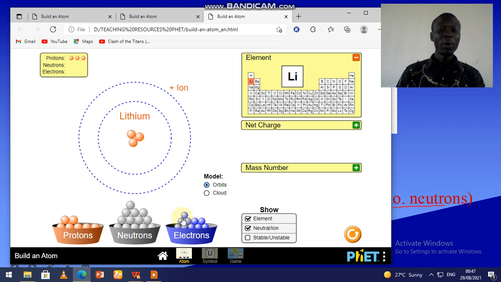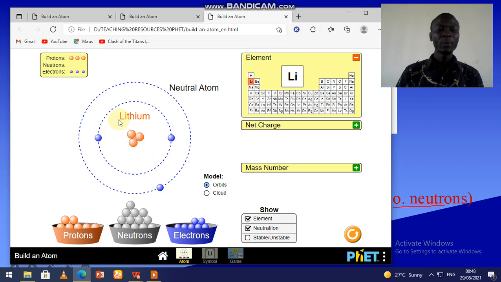They are also 3 electrons because they are the same. These are the electrons, and they are found in energy levels. So I'm going to put 1 there, and the second one there, and now the third one in the last energy level.